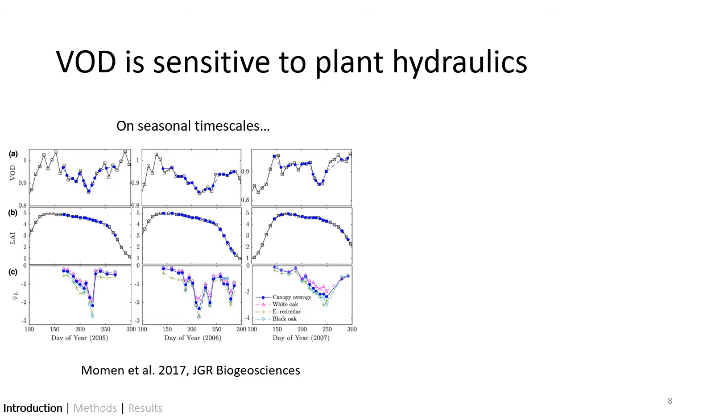It's been shown that vegetation optical depth responds to changes in plant water potential at an ecosystem scale on timescales from seasonal, where we see here a dip in vegetation optical depth during the growing season as the soil moisture becomes drier, and that's reflected in the plant water potential here.